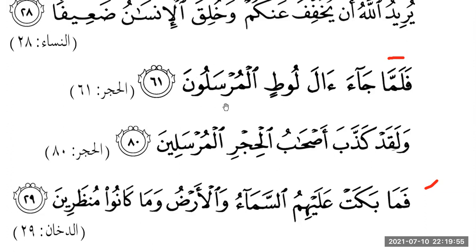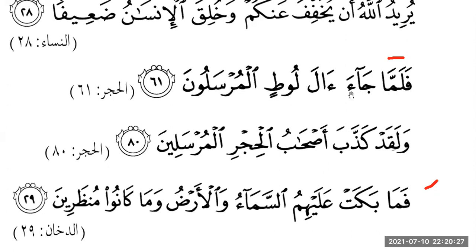If sin takes a kasra, it becomes active. So mursalun is plural, waw, nun. So those that have been sent, or those that are sent. So al-mursalun, the messengers. In the Quran, mursalun could be prophets and could also be angels. Okay, please take note of that.